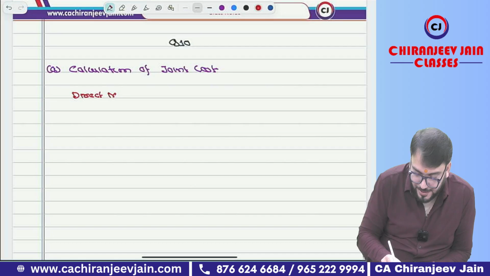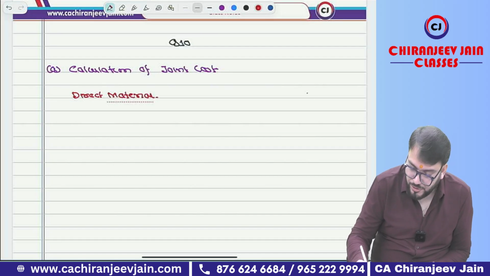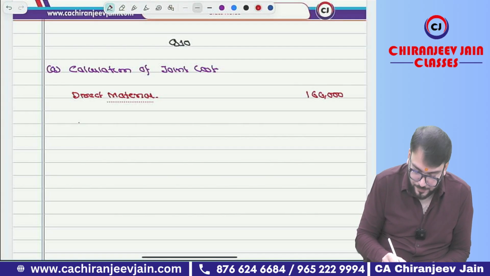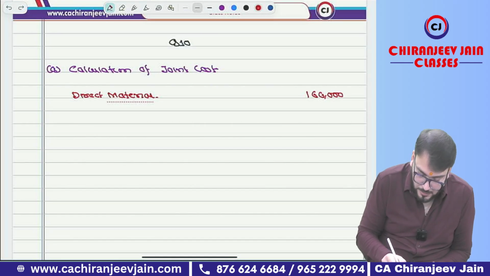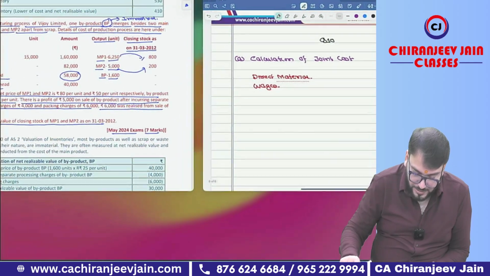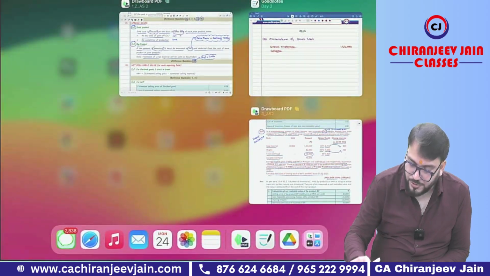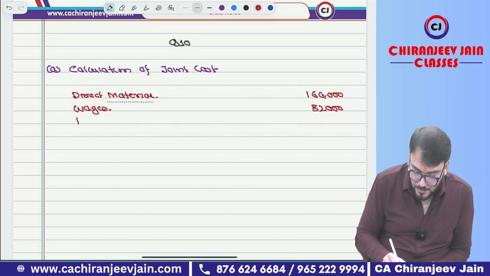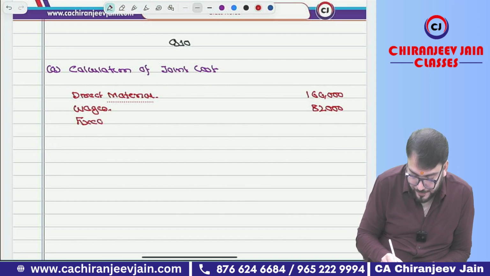They have given direct material, how much? 1,60,000. Then wages, how much they have given? 82,000. Then they have given fixed overhead.